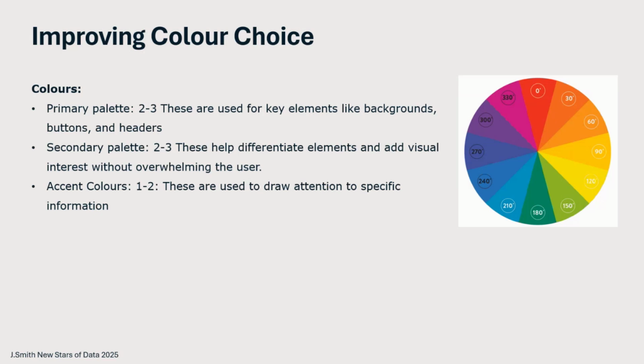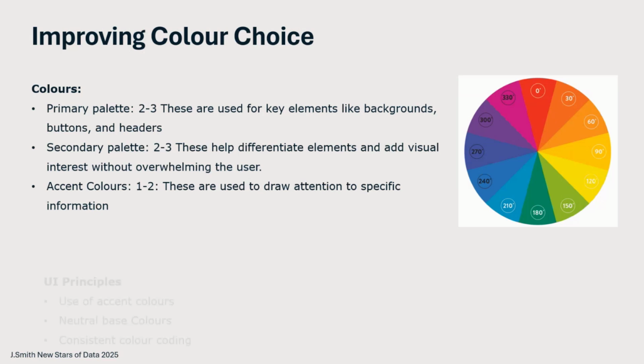And accent colors are used sparingly to draw attention to specific information. These are usually brighter or more vibrant than the primary colors, so they can stand out effectively. So we should have 1 to 2 accent colors. Note that we shouldn't go wild, choosing 10 different colors and spreading them around our report.